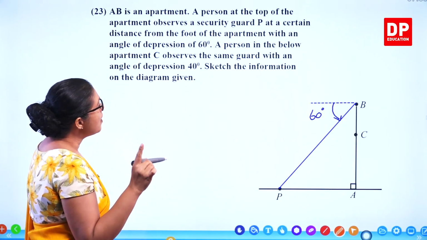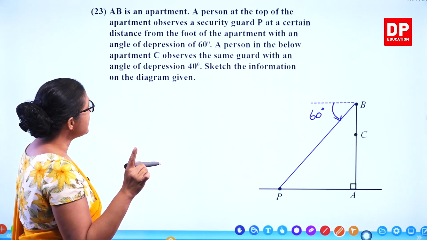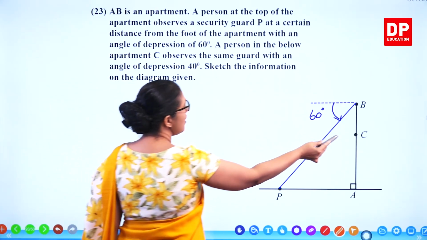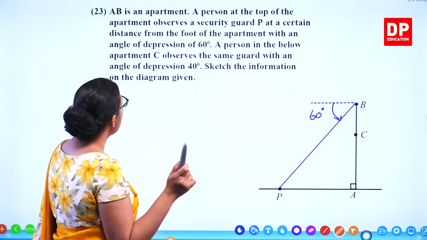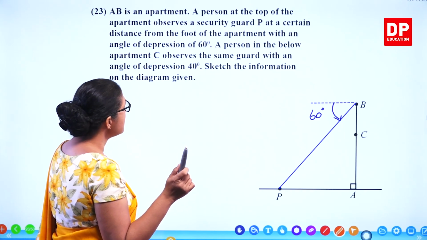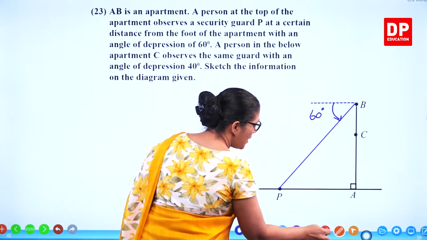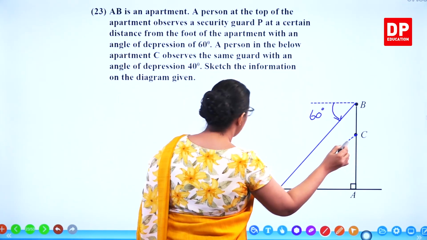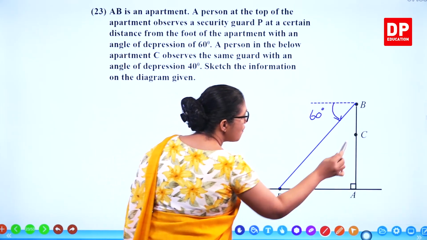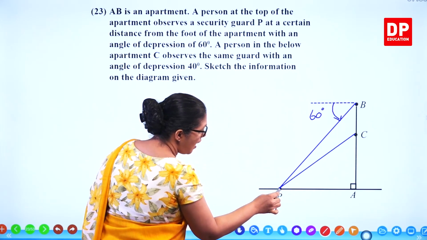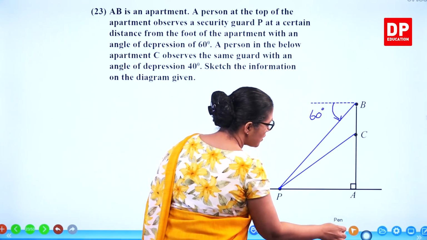Then it says a person in the below apartment C observes the same guard with an angle of depression 40 degrees. So that means from here to here, angle of depression is 40.